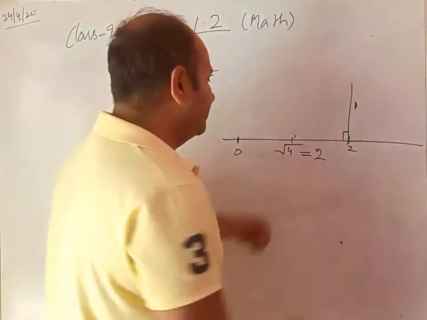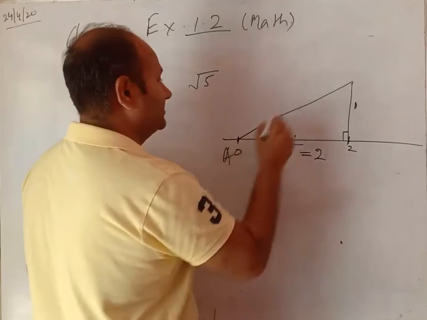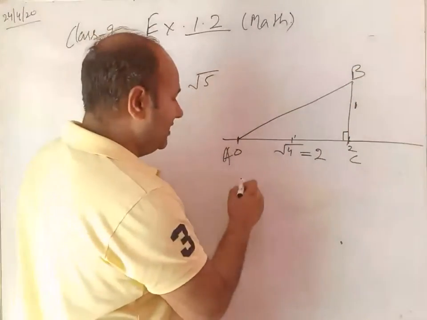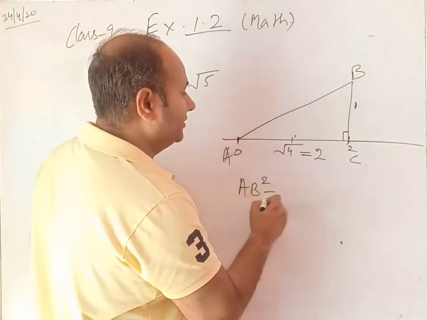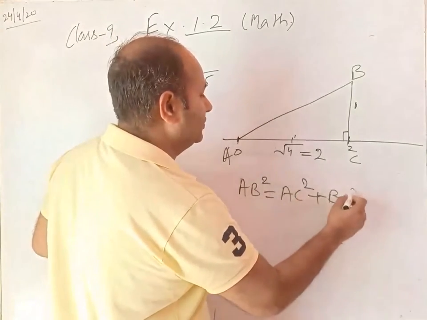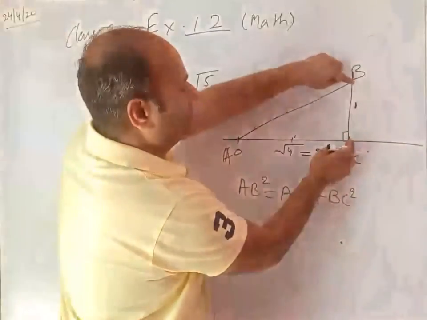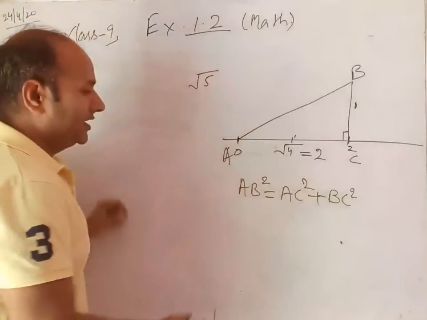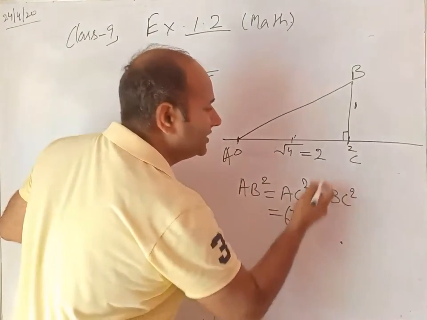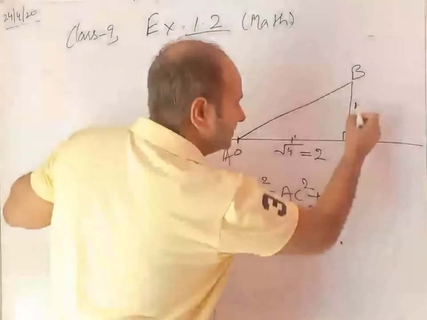Now, by the Pythagoras theorem, A is this, B is this, and C is this. Then AB square will be equal to AC square plus BC square. This will be equal to root 4 square, or you can simply write 2 square, plus 1 square, since this is unit 1.